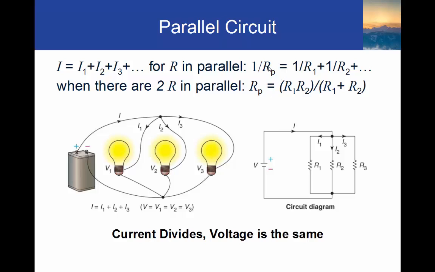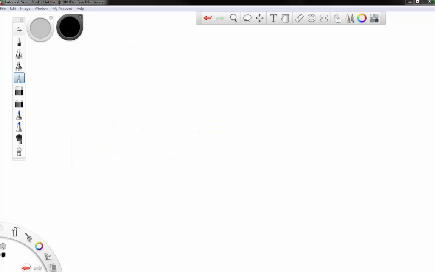If you just have 2 in parallel, you can quickly solve this by doing a little bit of algebra, and that's actually one of your homework questions, so I'm not going to do that for you right now. But basically, the formula for 2 in parallel looks like the product of the two resistances divided by the sum of the two resistances.